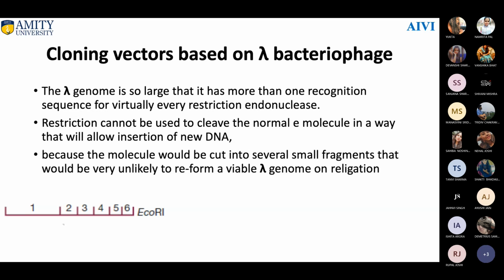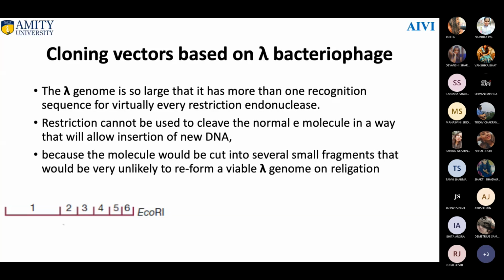Restriction enzymes cannot be used to cleave the normal phage molecule in a way that allows insertion of new DNA, because the molecule would be cut into several small fragments that would be very unlikely to reform a viable lambda genome when you religate it. That's why you need to work twice on this bacteriophage.